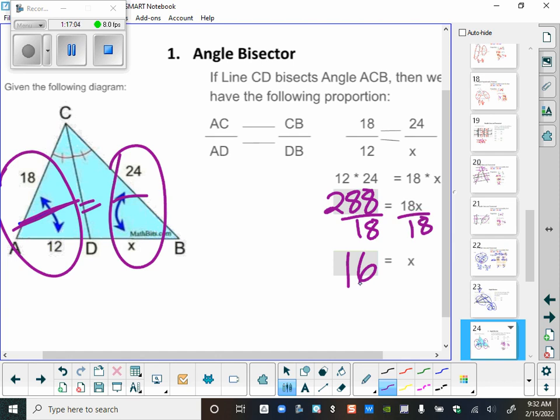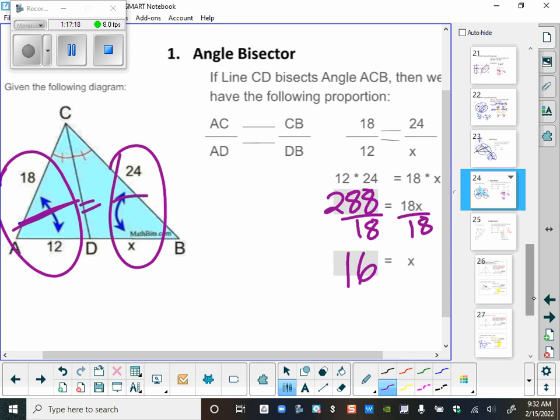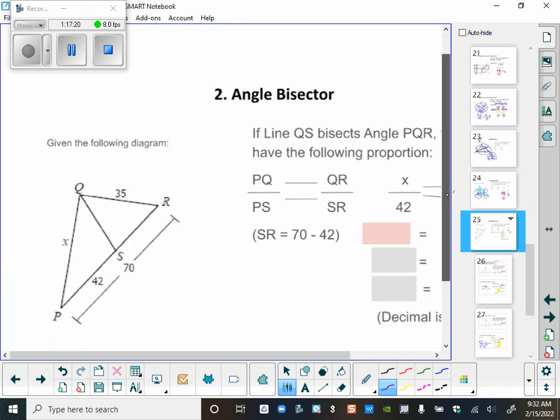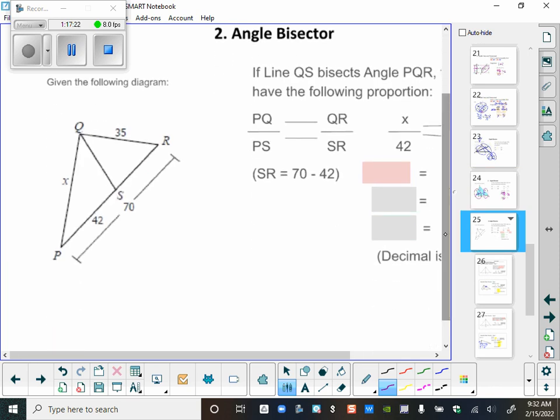So again, there's a ratio right there. Last one, same idea. Do a little bit of math for the last one. There's your first ratio. Here's your second.